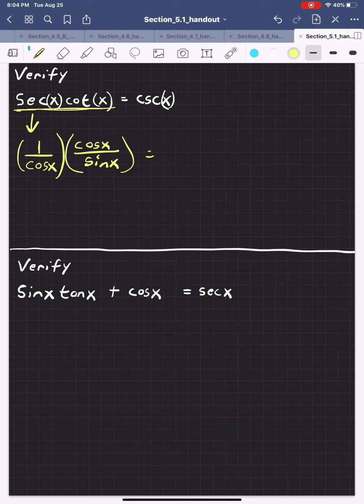After my cosines cancel, I would be left with 1 over sine of x. And finally, if you were looking at our trig identities, 1 over sine of x can be written as what? Well, it can be written as cosecant of x.